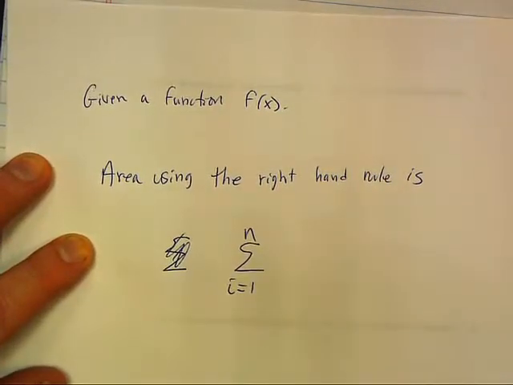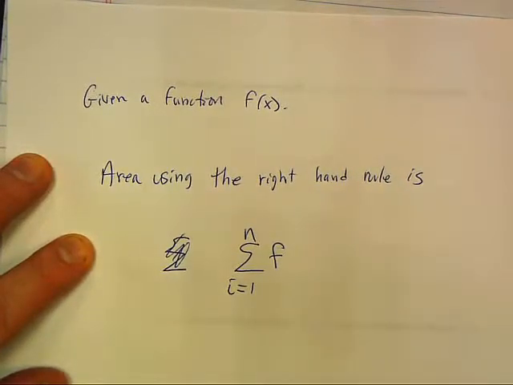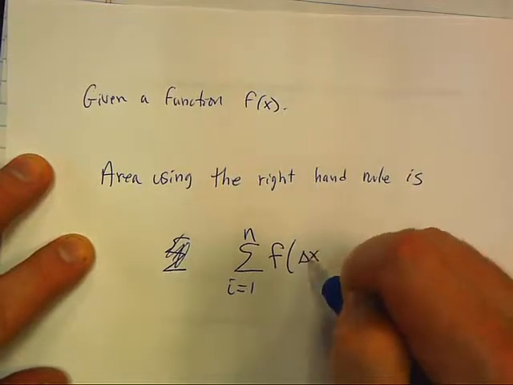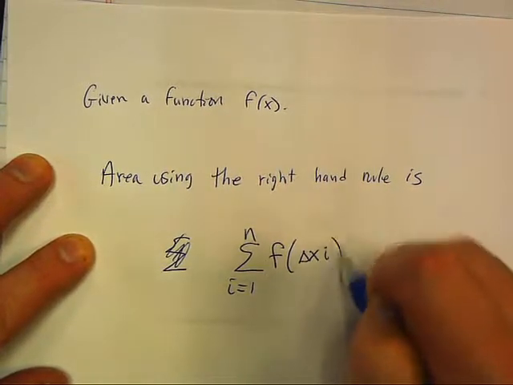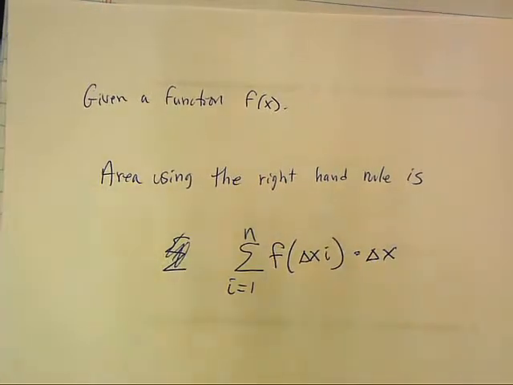What did you just say it was? The original function. And you put in the delta x times i, and then you multiply that times delta x. That's absolutely correct.